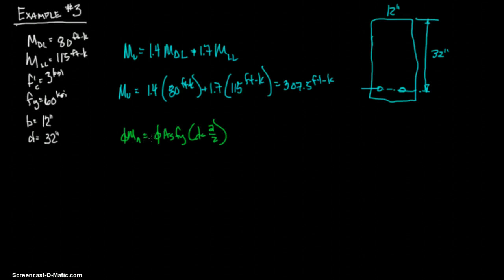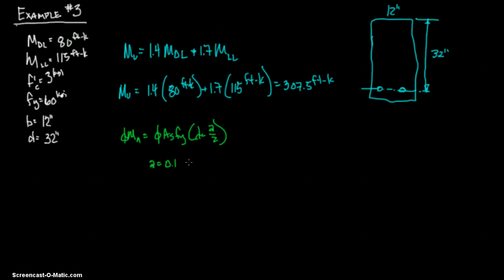You could just plug in. We know phi is 0.9. The area of steel we don't know, so we'd have to solve for that. Fy equals 60. D we have. A we don't know. They don't do it this way, but I'm going to do it this way first, and then we'll do it the way they do it in the study guide.